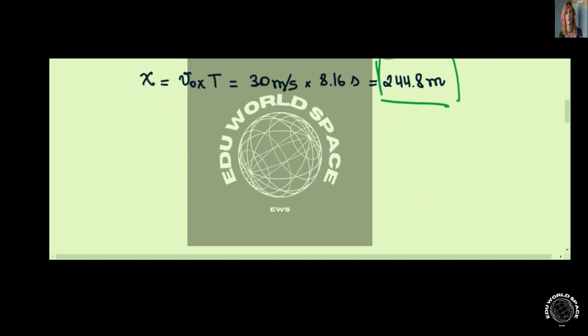Okay, in question D, we have to find what is the angle measured by an observer that is at rest with the ground. What is the angle that the rocket makes with the horizontal? So again, this is the rocket's trajectory. Just as it is launched, we want to calculate this angle theta here. Notice that we can draw a right triangle such that the tangent of theta is v0y divided by v0x.